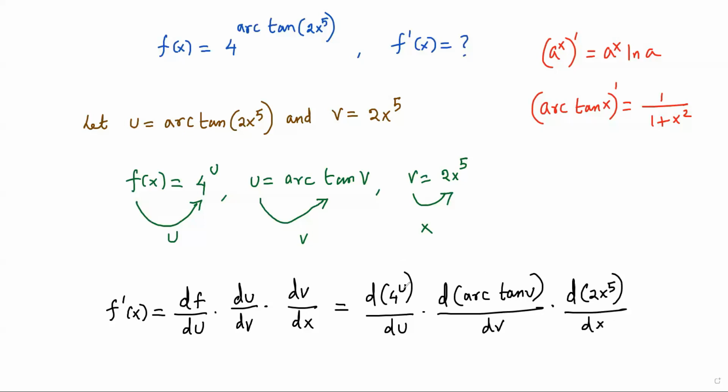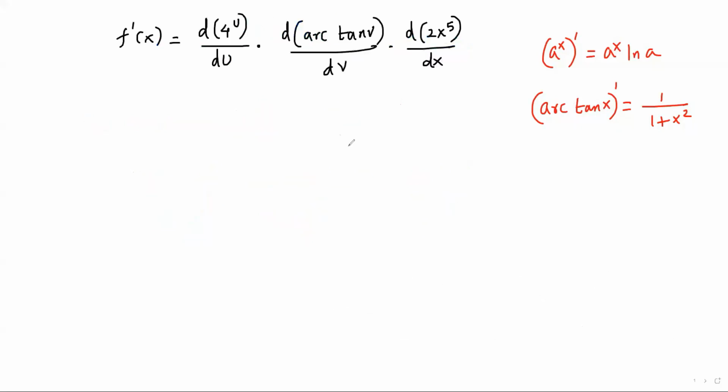Here I have to find the derivative of 4 to the power u with respect to u, the derivative of arctan v with respect to v, and the derivative of 2x to the fifth power with respect to x. Let's continue on the next page.